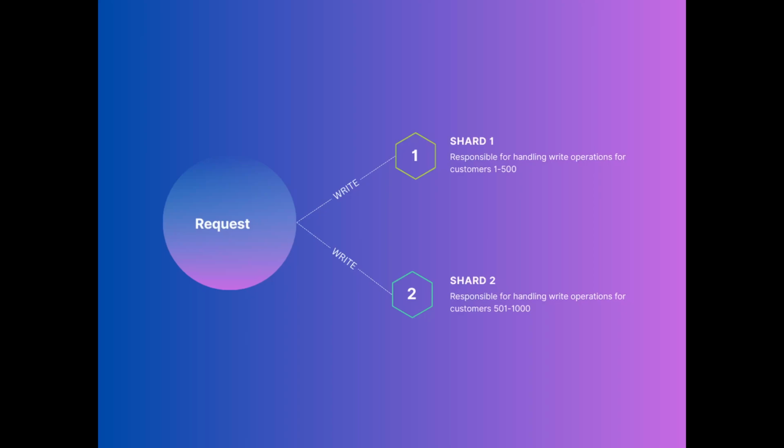The second way to do that is to use a range. Imagine that your customers have numbers from 1 to 500 and 500 to 1000, and then new customers come in with numbers from 1000 to 1500. So now you take 500 to the first shard, 500 to the second shard, and 500 to the third shard. This is the second option.